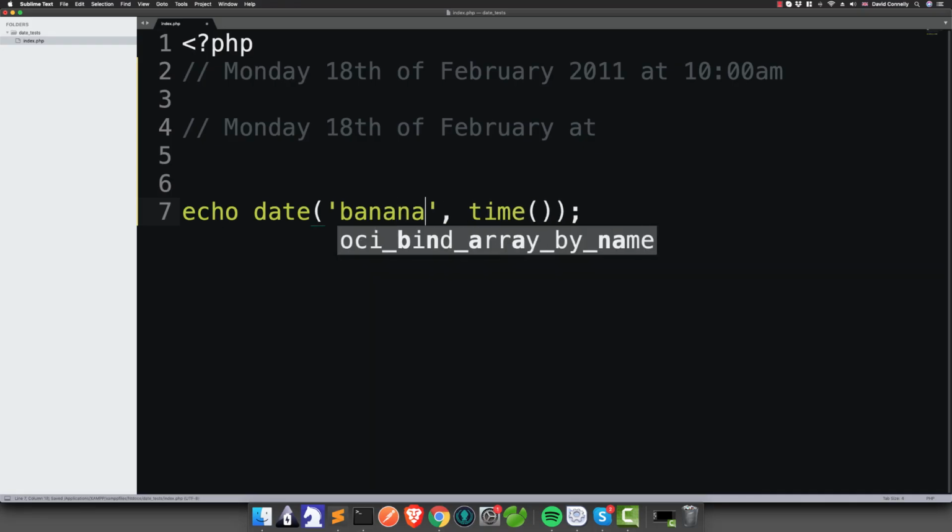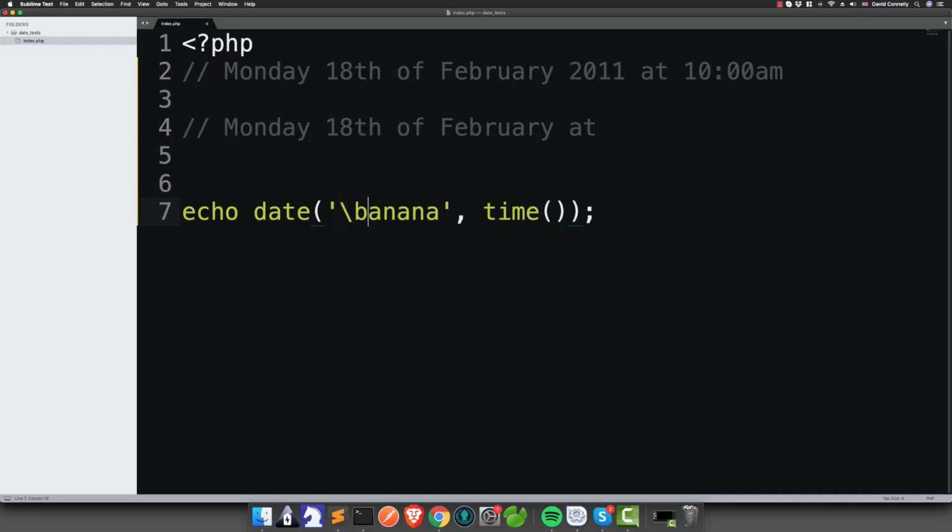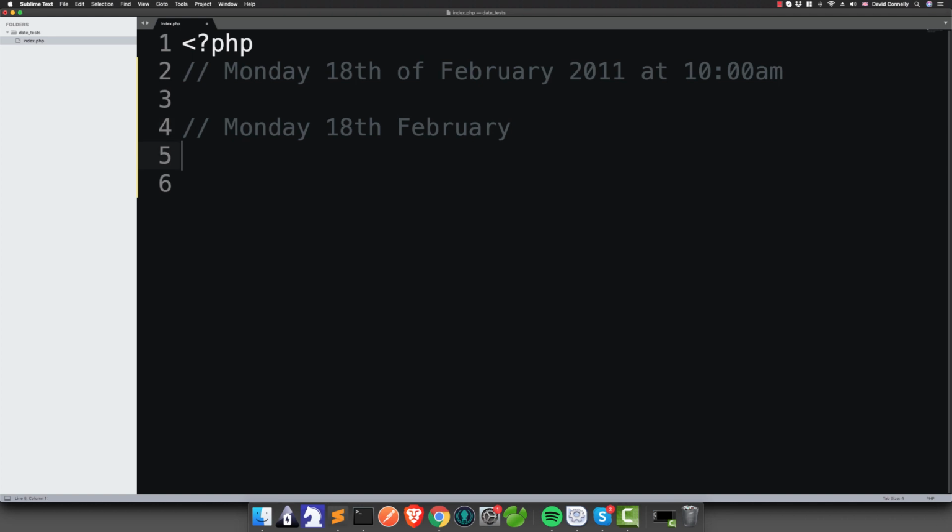So if I write banana and go like that with backslashes, I'm saying, look, just put the word on the screen, nothing fancy, and that's that. So guess what? We have just eliminated this here and this here.